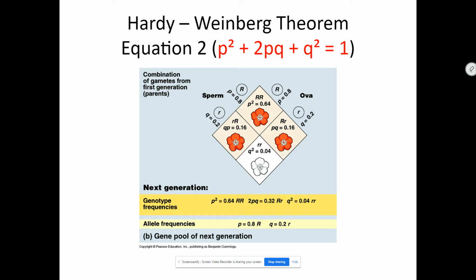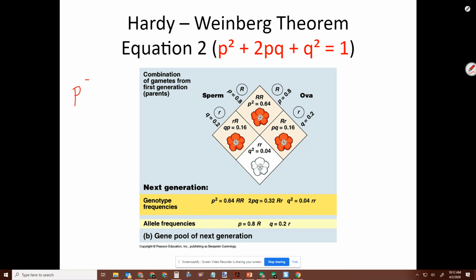Whereas P squared is equal to the percentage of, and these are all percentages, don't forget that, homozygous dominant. 2PQ is equal to the percentage of heterozygous, and Q squared is equal to the percentage of homozygous recessive.